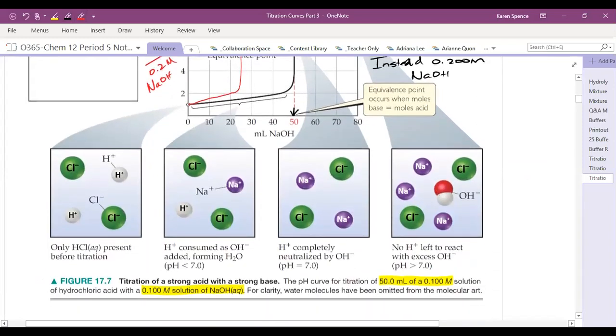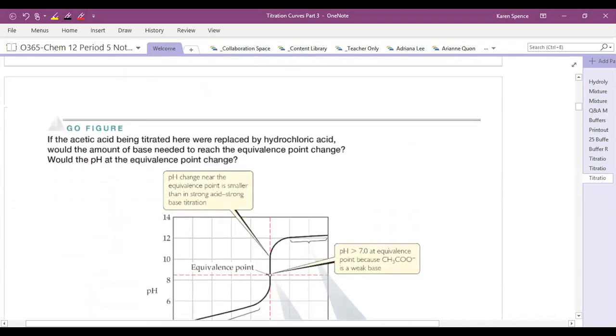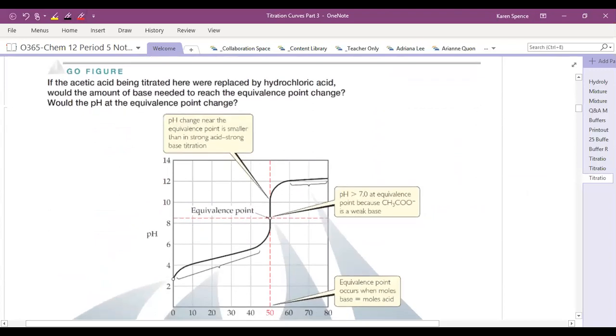Okay, let's carry on here. Now instead of titrating hydrochloric acid, we are now titrating acetic acid. What is the difference between acetic acid and hydrochloric acid?